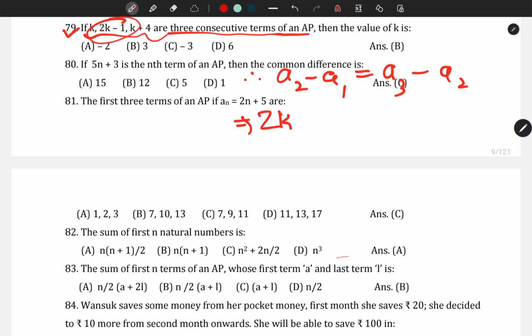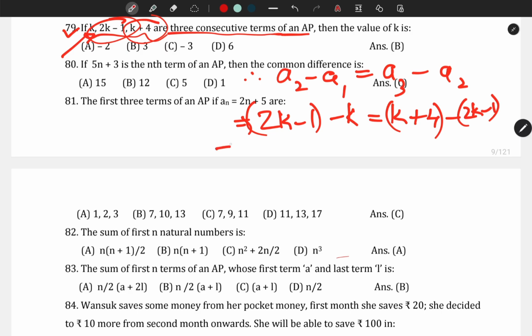So 2k minus 1 minus the first term, the first term here is k, should be the same as the third term, k plus 4, minus the second term, that is 2k minus 1. That is, the common difference should be the same if they are consecutive terms of an AP.